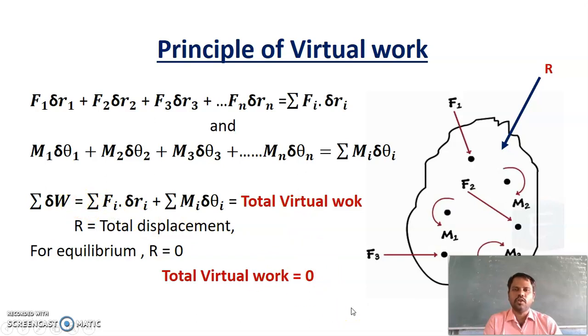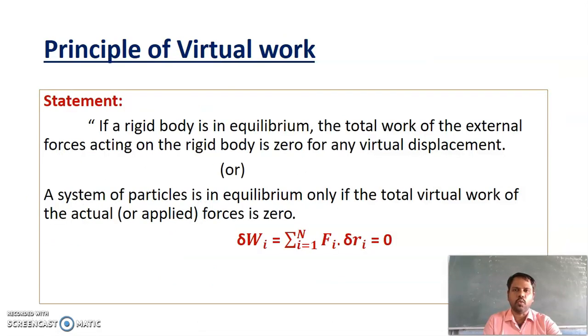The total virtual work being 0 is known as the principle of virtual work, which states that if a body is in equilibrium, the total work of the external forces acting on a rigid body is 0 for any virtual displacement, which is given by this expression.